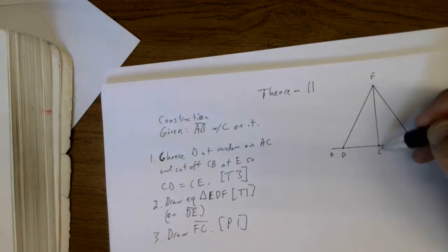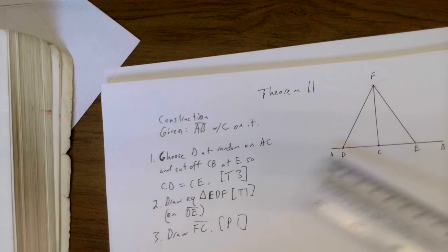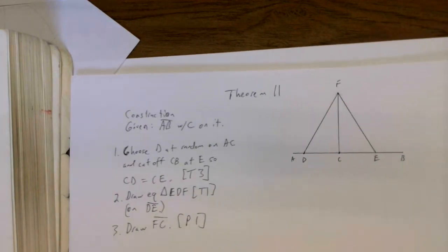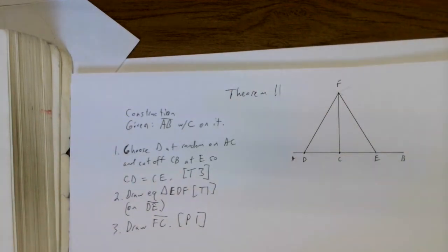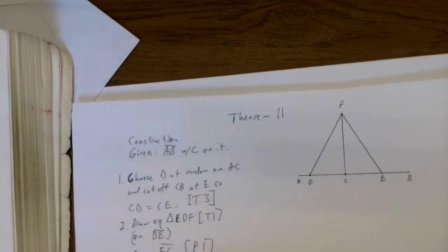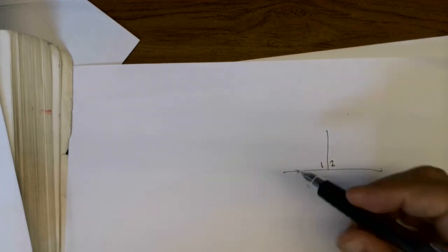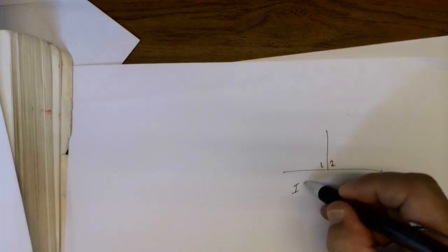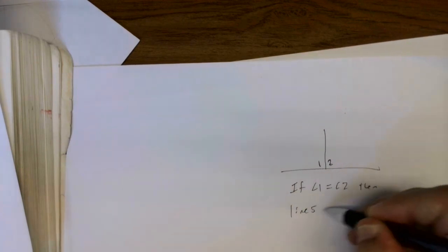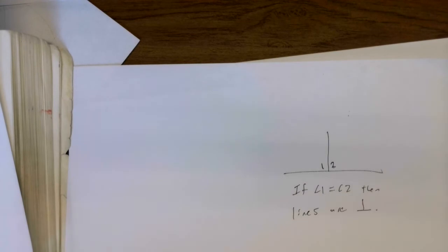All right, I say that FC will be guaranteed to be perpendicular to AB. As you know, Euclid's definition of perpendicular is a line standing on another line that makes the adjacent angles equal to one another. So if angle 1 equals angle 2, then the lines are perpendicular.